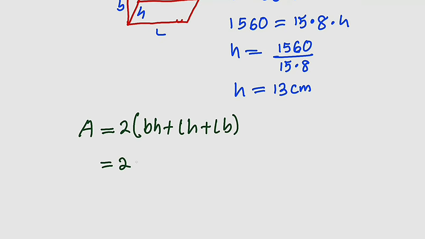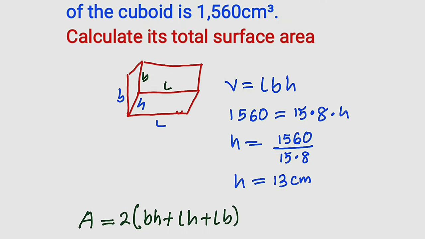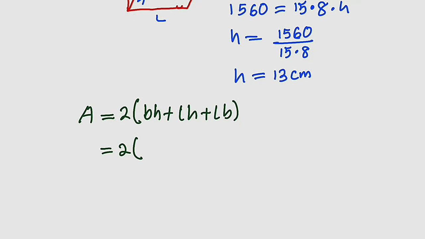This is equal to 2 multiplied by the breadth, which is given as 8, and the height is 13, so we have 8 multiplied by 13, plus L, which is given as 15 from the question. The height is 13. Then lastly we have L times B. L is 15 and the breadth is 8.